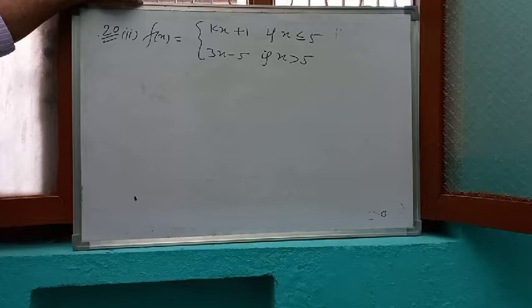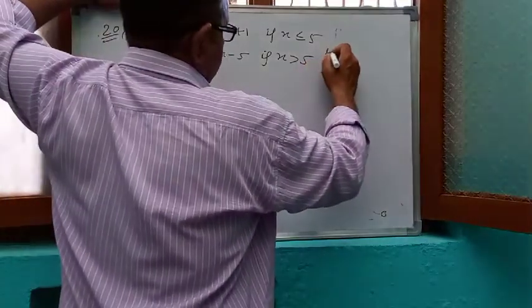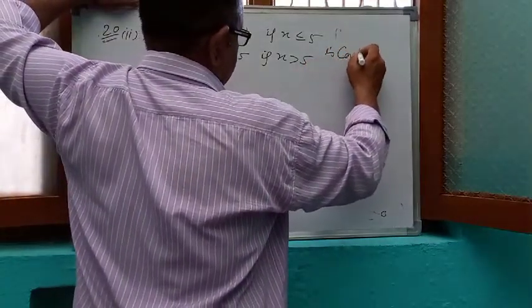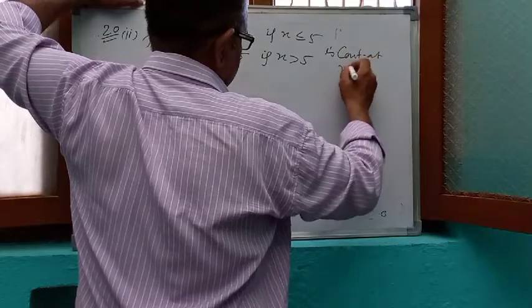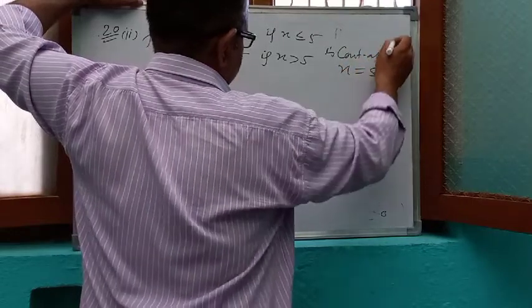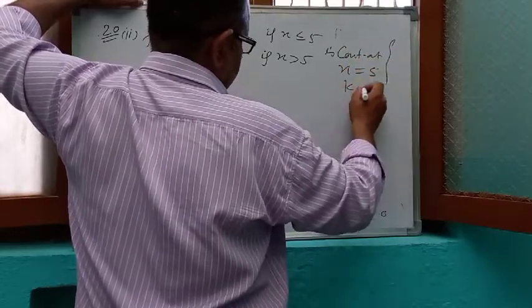It is continuous at x = 5. We have to find k.